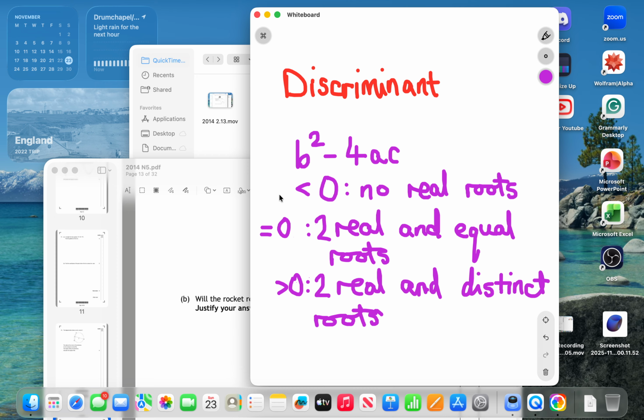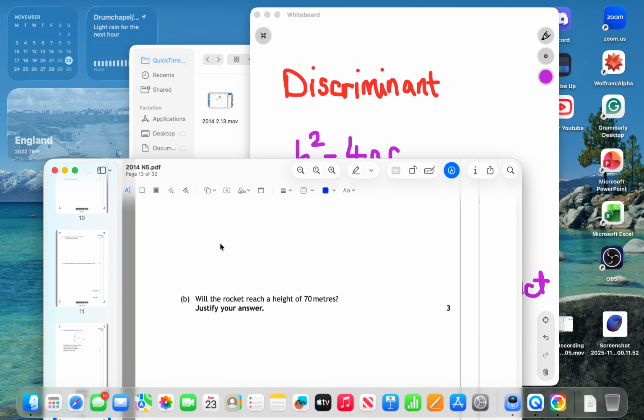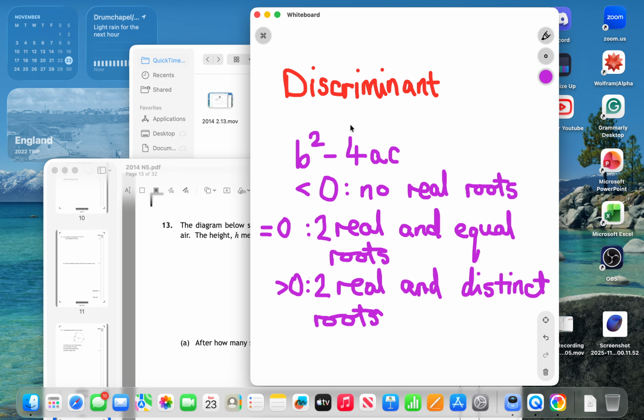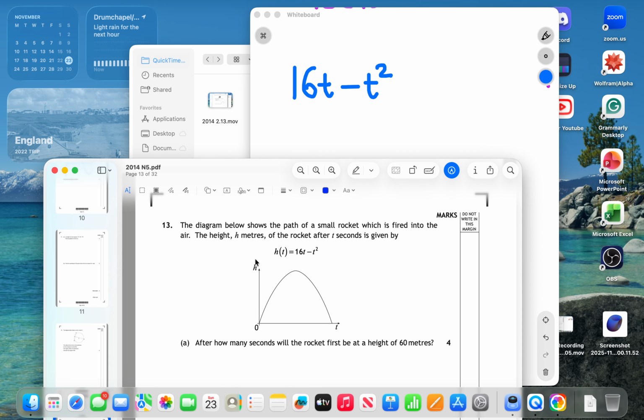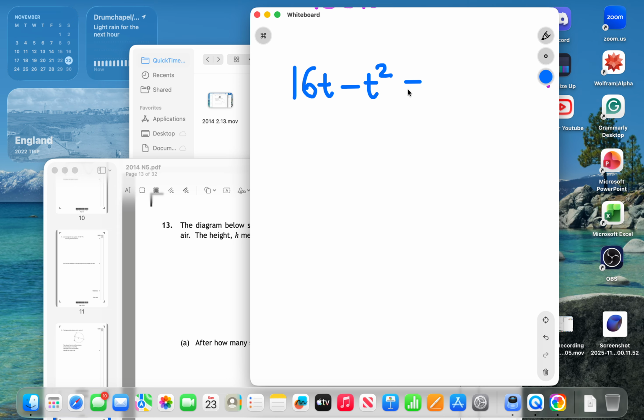But what do I mean by the discriminant? Well, first of all, we need to get it into the form of a standard quadratic equation. So I will go down and I will write this in blue. The bit above was just the guide. So we have 16t minus t squared, which is a function of the height, and that equals 70.